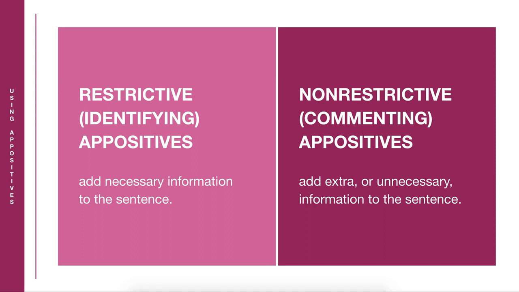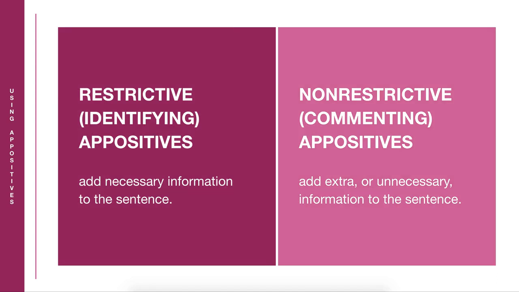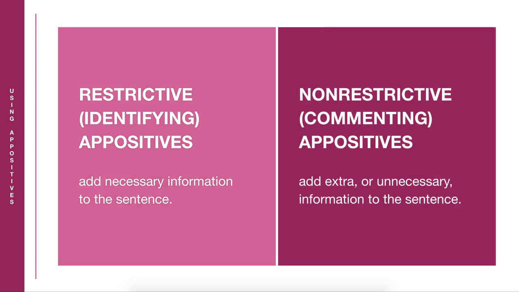So if we go back to identifying appositives, or restrictive appositives, these appositives identify the subject for us. So we have to have them in order for the sentence to make sense. On the other hand, our non-restrictive appositives, or our commenting appositives, just add an extra comment or an additional piece of information, and therefore they are not necessary for the sentence.